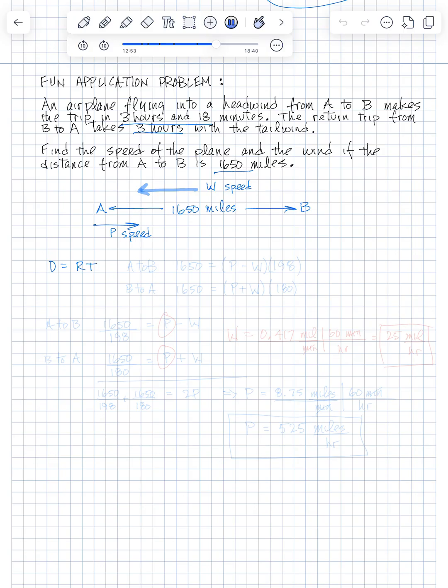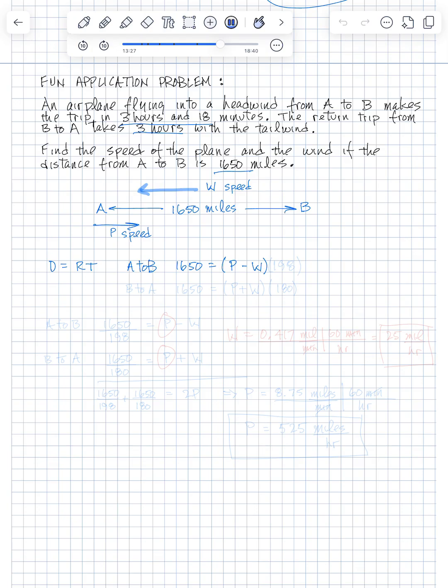So let's do from A to B, and we want the distance, which is 1650, is equal to the rate. So this is going to be the plane speed, and we're going to call that P. But the wind is going the opposite direction, so we'll have to subtract the wind speed.